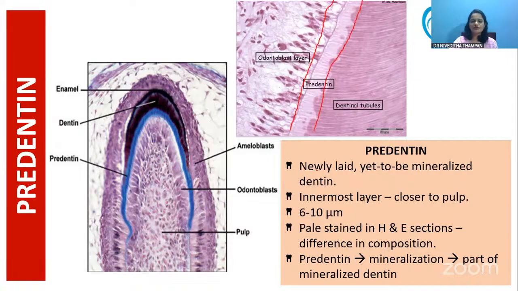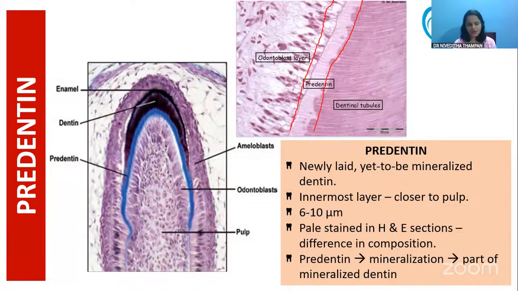The newly formed dentine seen just near the odontoblast layer is called predentine. It is not at all mineralized. It is the least mineralized type of dentine, and it will get mineralized in future and form part of the normal dentine.